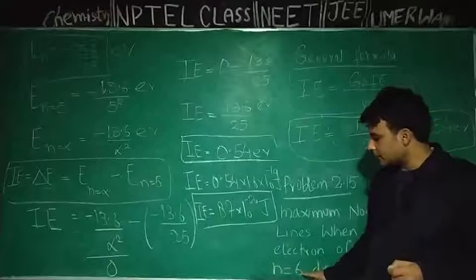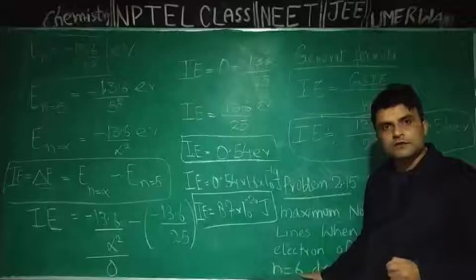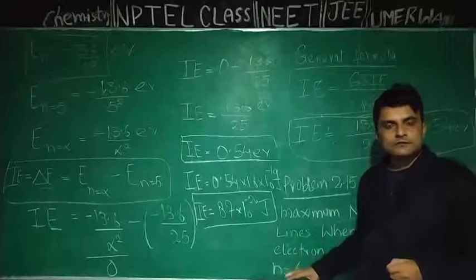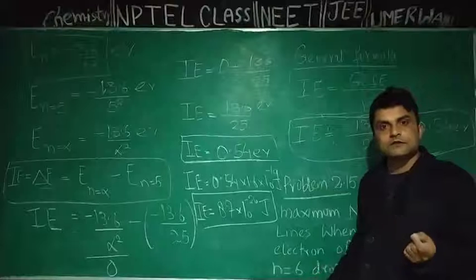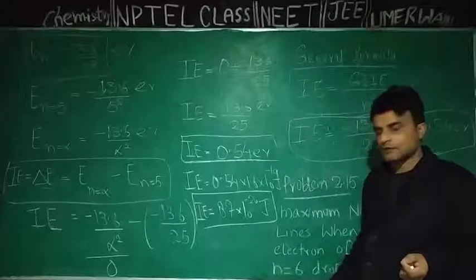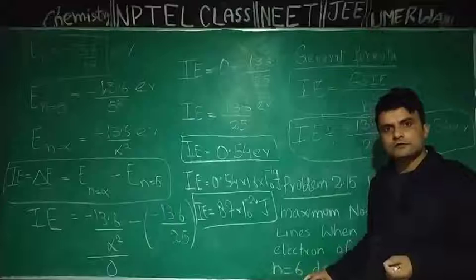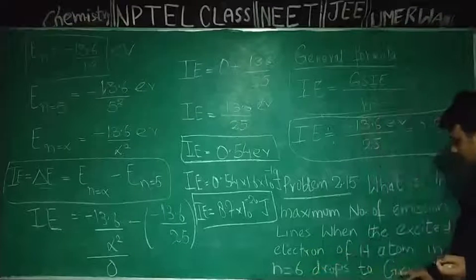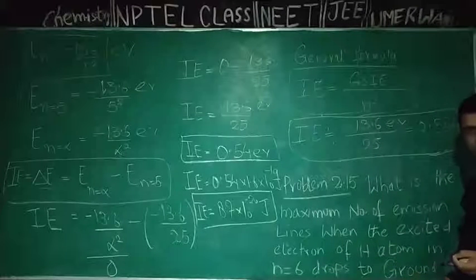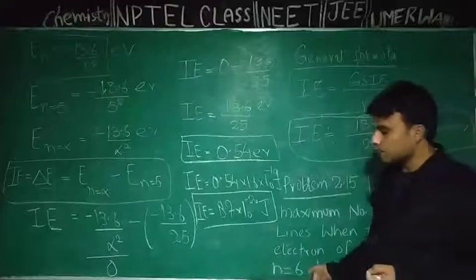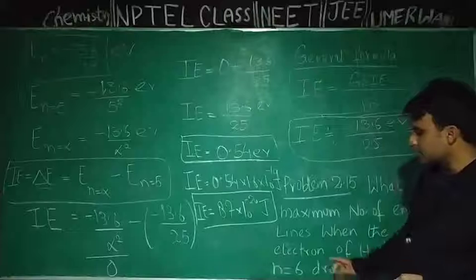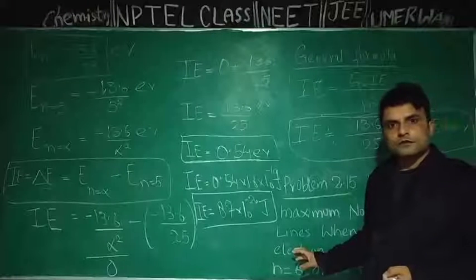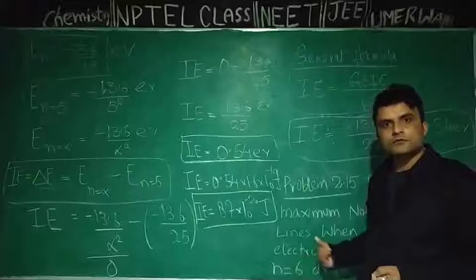Now the excited state of a hydrogen atom is unstable, in that case the excited state of any atom is unstable. This electron in n equal to 6 will ultimately have to return to n equal to 1, the ground state. We have to calculate the number of emission lines in the spectrum when the excited hydrogen atom returns to ground state.